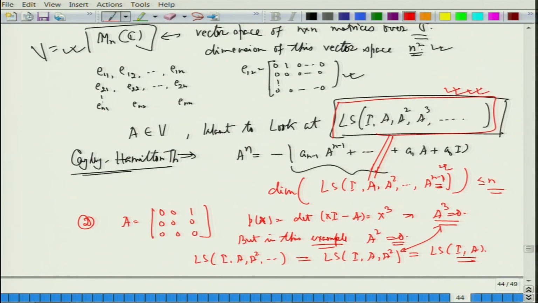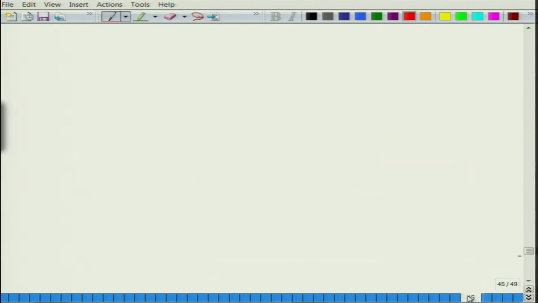You can look at another example, where you take A as, which is invertible, 1 1 0, 0 0 1, 0 0 0 1. I would like you to see here that 1 is an eigenvalue, repeated 3 times.